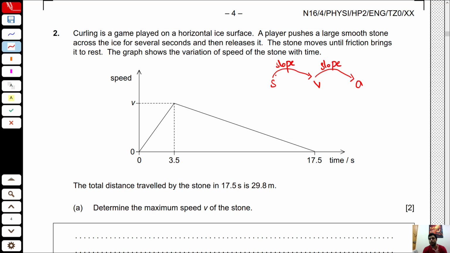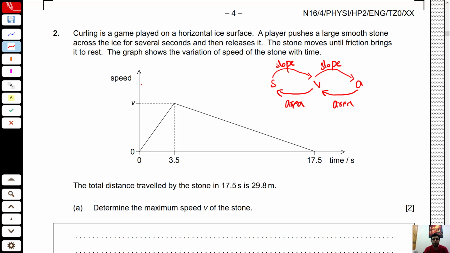Going in the opposite direction means finding the area under the graph, in other words, integration. The area under the acceleration time graph gives you velocity, and the area under the velocity time graph gives you displacement.